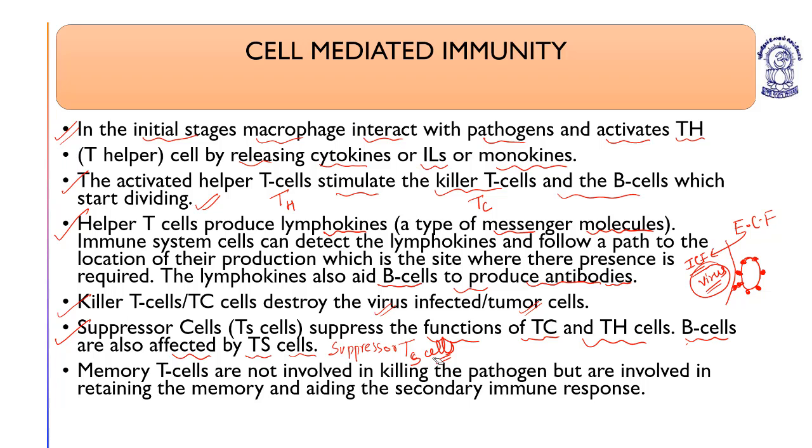The lymphokines also help B cells to produce antibodies. Cytotoxic T cells destroy virus-infected and tumor cells because they have antigen receptors on their surface, which help them connect with the virus or the infected cells and burst them by creating pores. Understood? Memory T cells help in the secondary immune response.